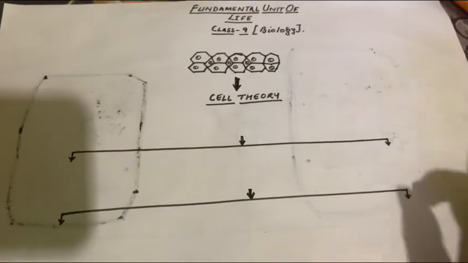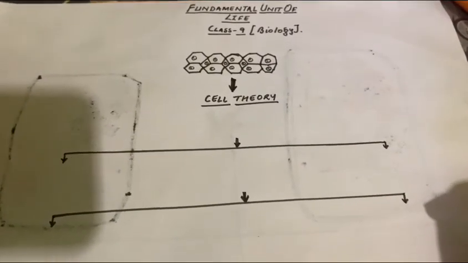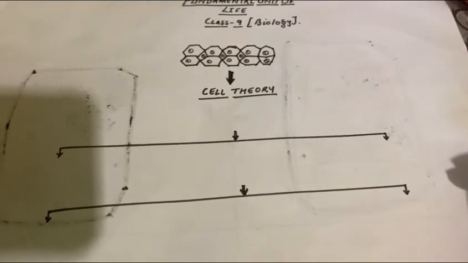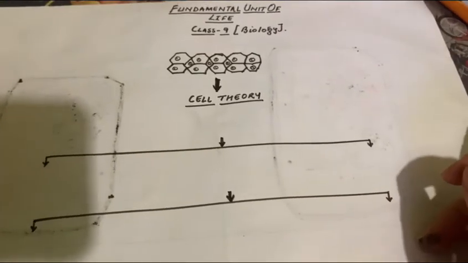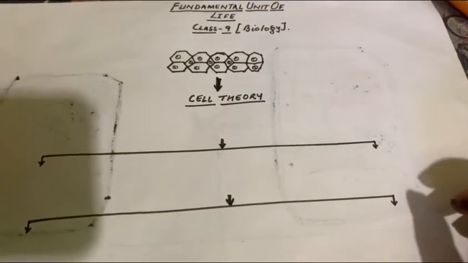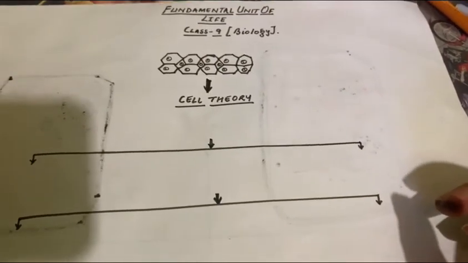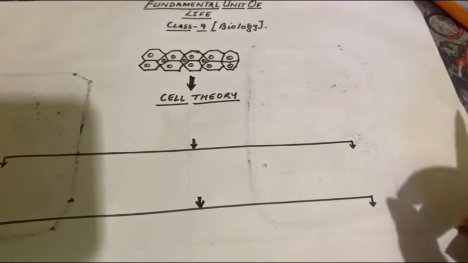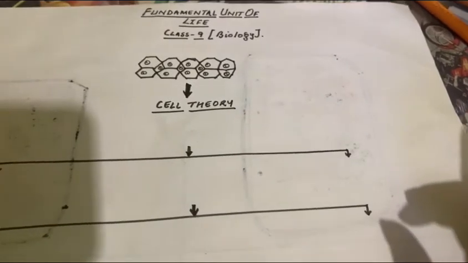Hello, children. I'm going to start a chapter that is Fundamental Unit of Life of class 9th. In this, we are going to discuss what is actually the fundamental unit of life. What do you mean by fundamental unit of life? We have seen that a building is made by many bricks.